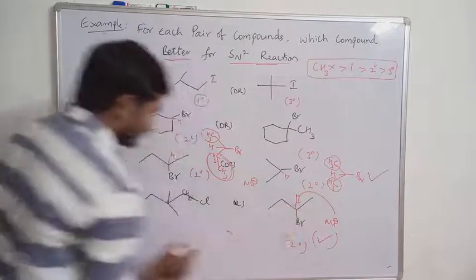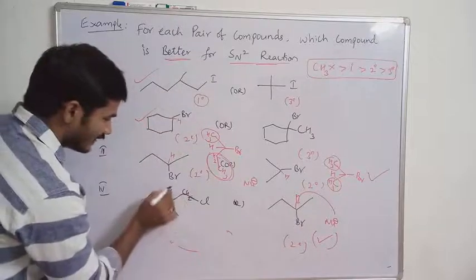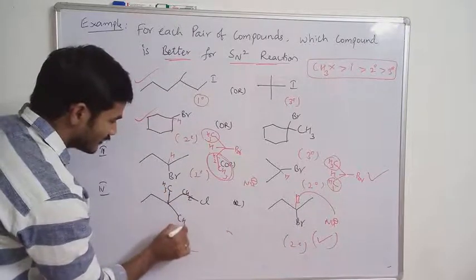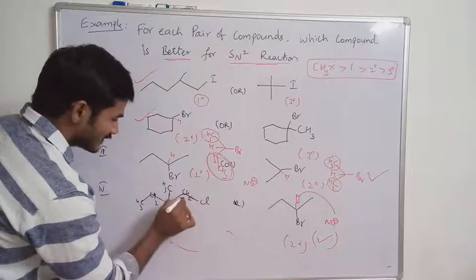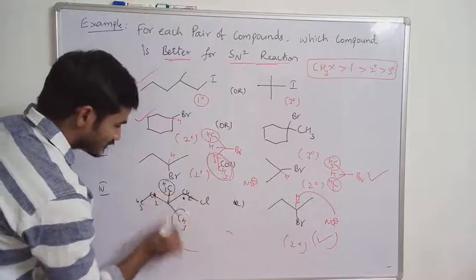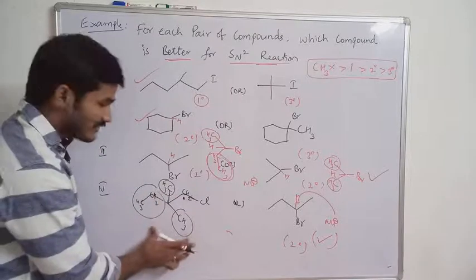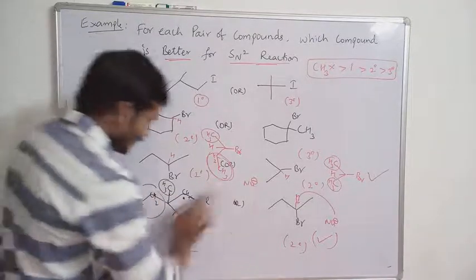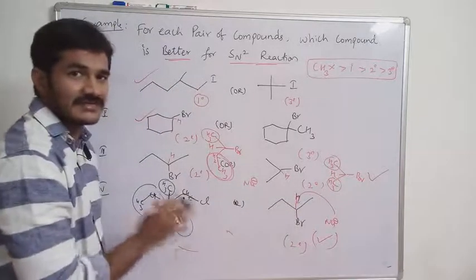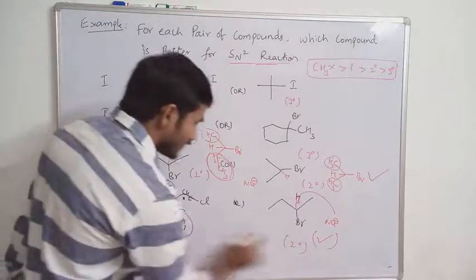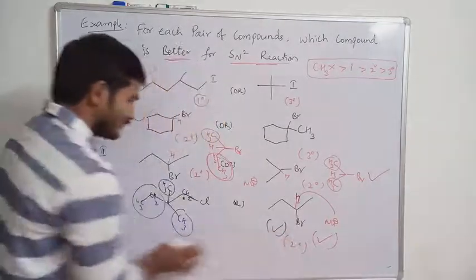This is the secondary carbon. At this primary carbon, it has a methyl group, and this is an ethyl group. When the nucleophile attacks at this carbon, because of this bulkiness, this molecule is less reactive. Comparing to this, it has a little bit less steric hindrance. That's why secondary is said to be more reactive in this case compared to primary.